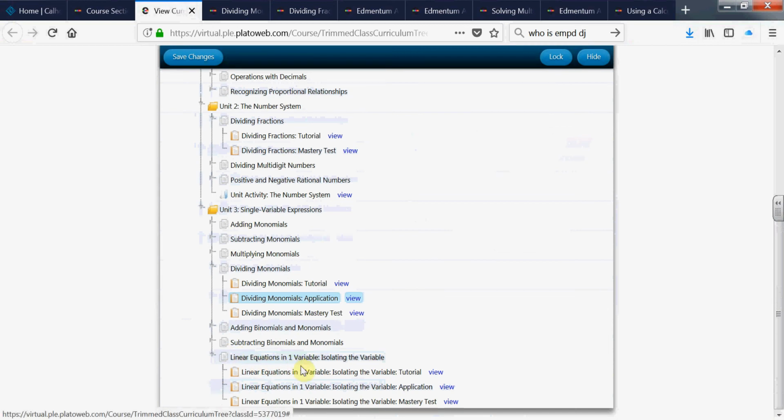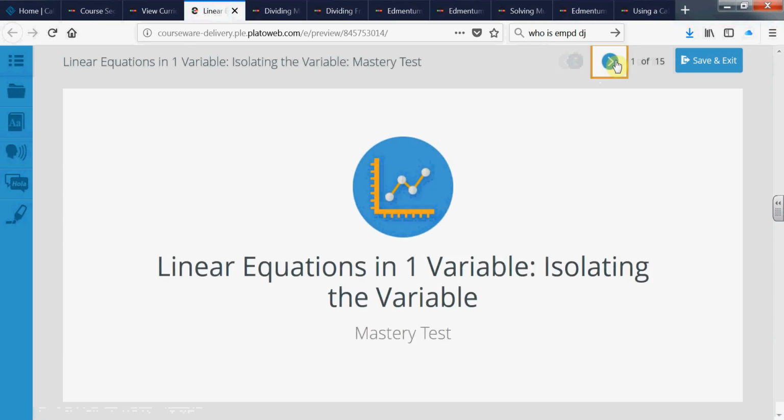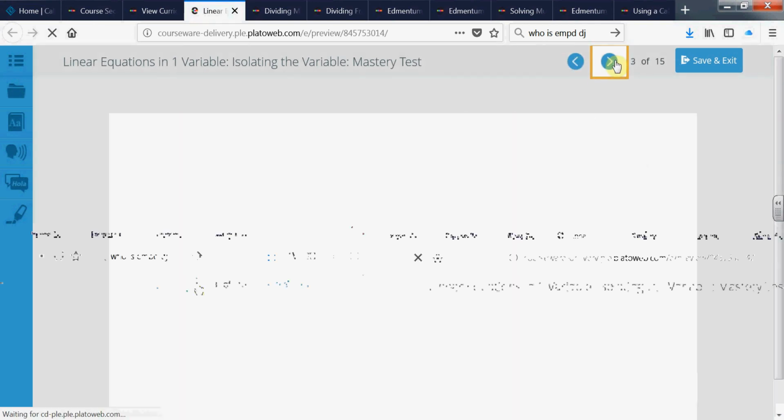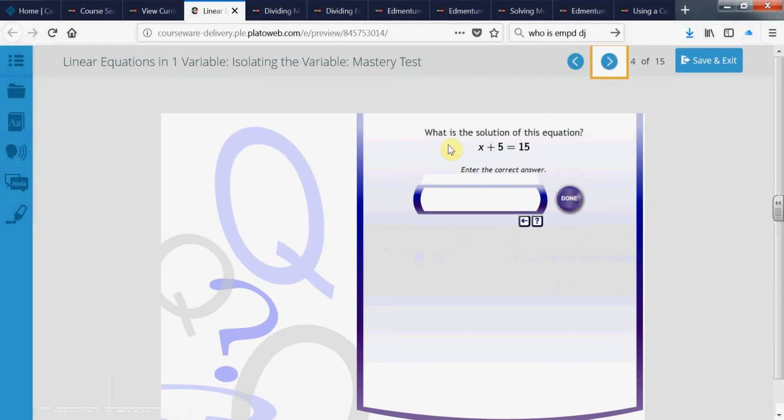That last section, solving linear equations in one variable. So what is the solution of this equation? X plus 5 equal to 15. Well, what is x? Something plus 5 equal to 15. It looks like it'll be 10.